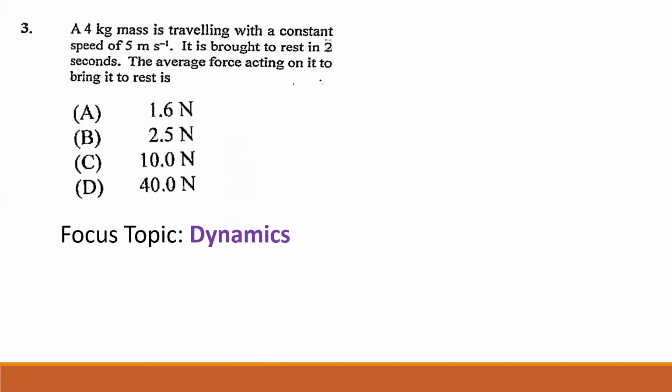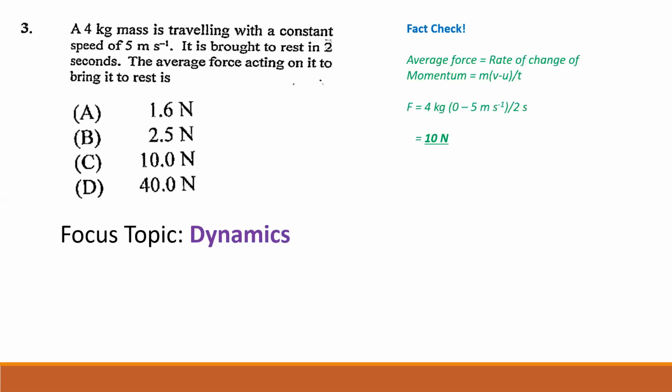Number 3, a 4 kilogram mass is traveling with a constant speed of 5 meters per second. It is brought to rest in 2 seconds, and you have to find the average force. So we can use Newton's second law, in which the equation says that the rate of change of momentum would give us the force.